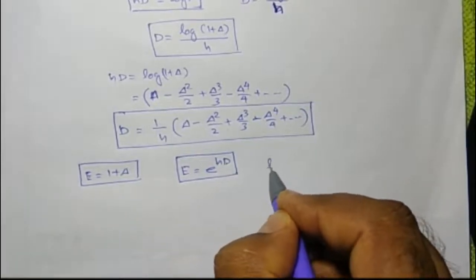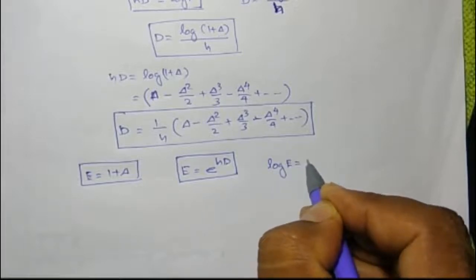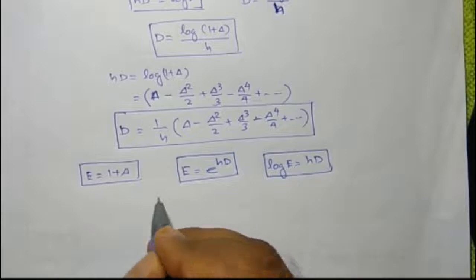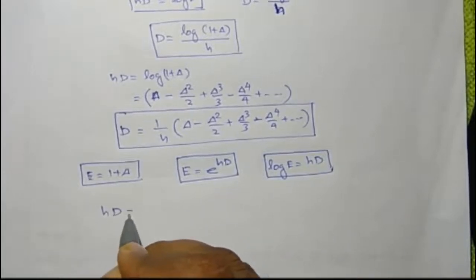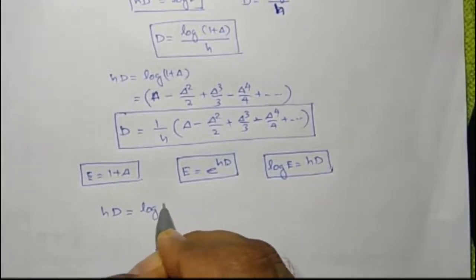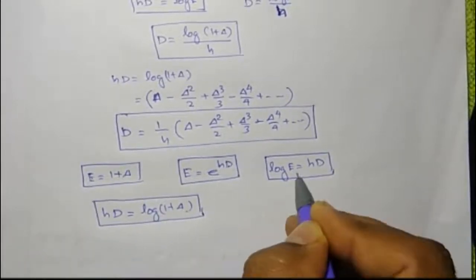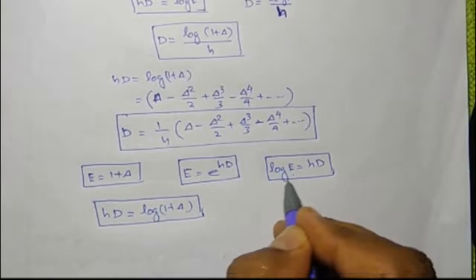Or we may write log E equal to hD. This is another relation. Or hD equal to log 1 plus delta, where log 1 plus delta is nothing but log E. 1 plus delta is E.